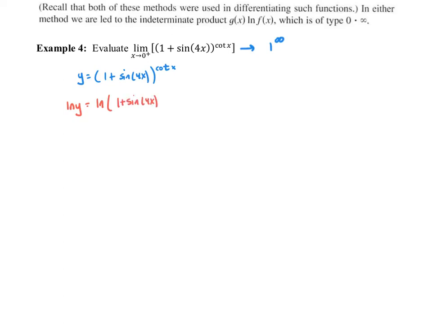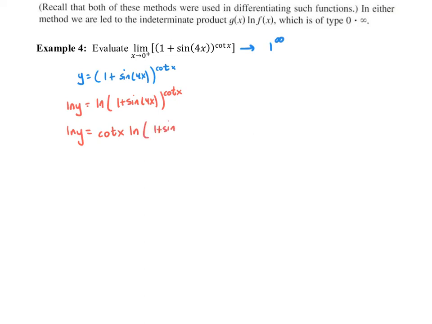On the last two examples, I will not do this additional step, but for right now, I want you to see what's happening. So remember, with the natural logarithm, we're able to take the power of the argument, which is cotangent of x, and bring it to the front of the logarithm. This is just a property of logarithms. So we're left with this.